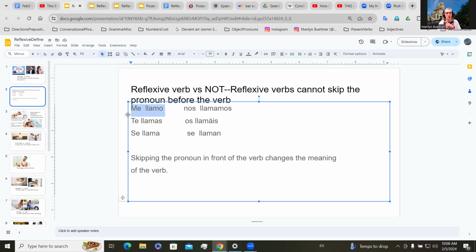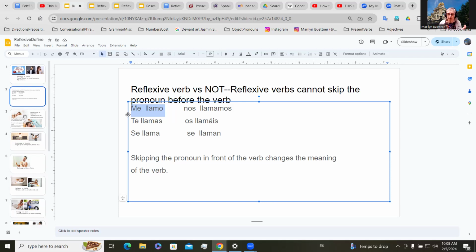So me llamo means I call myself. When we conjugate it for yo, we have to use it with the me pronoun. And I cannot drop this me pronoun. If I just say, llamo a mi hija, I'm calling my daughter. Llamo a mi esposo, I'm calling my husband. I just say llamo. I generally don't use the yo with it. Yo llamo.